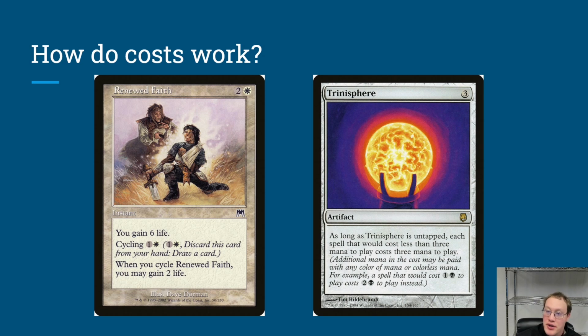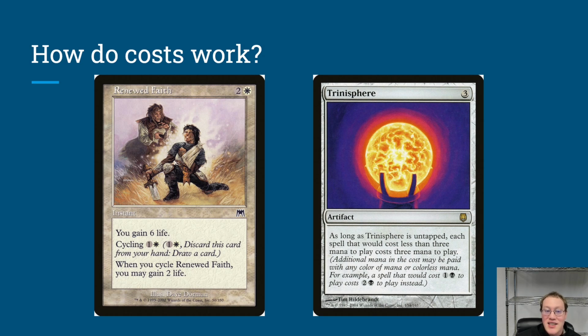And of course, the triggered ability that happens when you cycle Renewed Faith is also going to be the same sort of thing. It's a triggered ability, not casting a spell at all, and so that means that you're going to gain the 2 life without having to pay any extra mana into that. Now this is one that you're going to want to be careful on. You've got to read the cards very closely because in some cases it'll look like it's going to be casting a spell, but it's actually activating an ability.